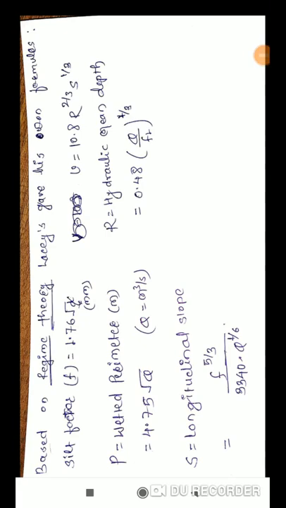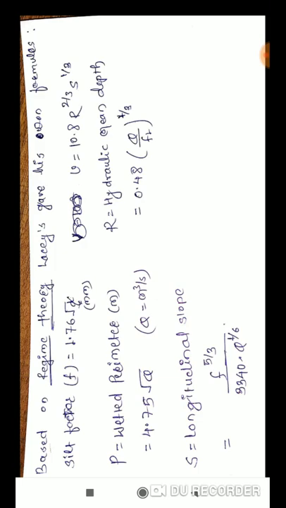Based on the regime theory, Lacey gave his own formulas for the design of alluvial channels. The design parameters required for this type of canal design are the discharge Q, the flow in meter cube per second, and the silt particle size in mm, or if available the angle of internal friction or repose angle.